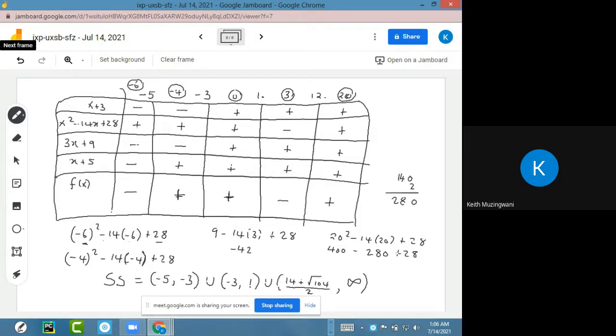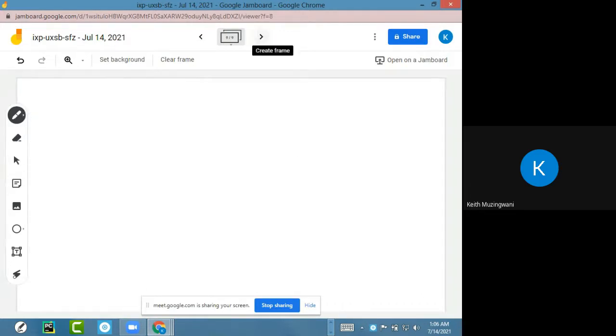So when you're still dealing with inequalities, let's look at the inequalities that come with modulus. So we'll do examples of modulus inequalities.